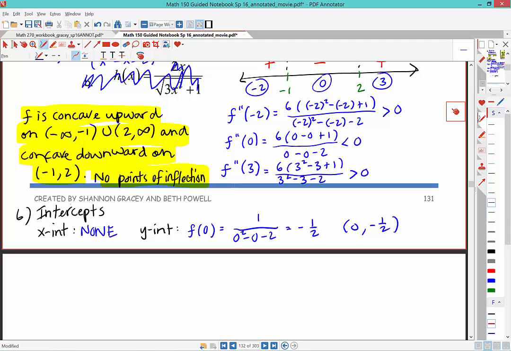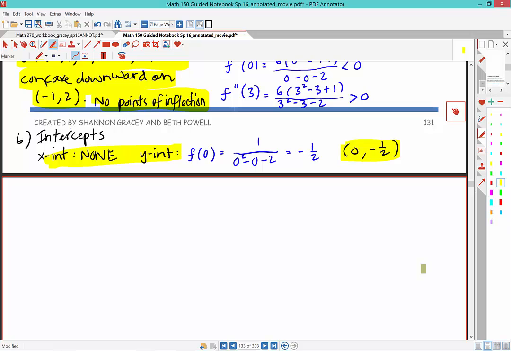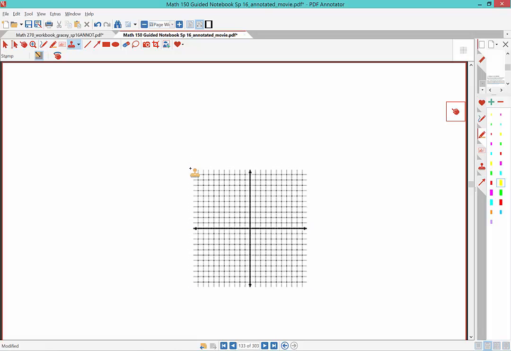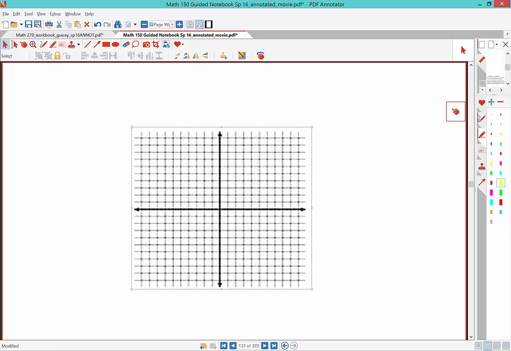All right, so let's start making our picture. So no x-intercepts, and then the y-intercept is at 0, negative a half. And now we can make our graph. So here we go.